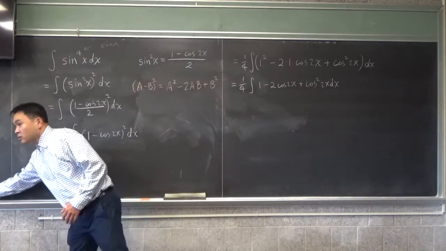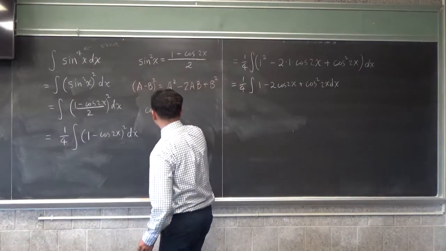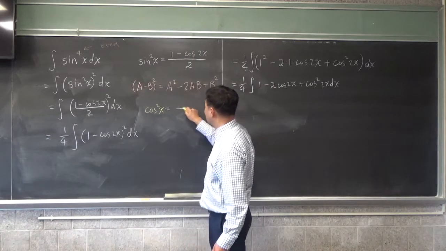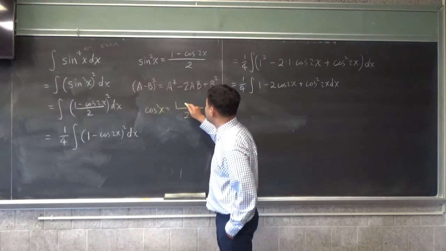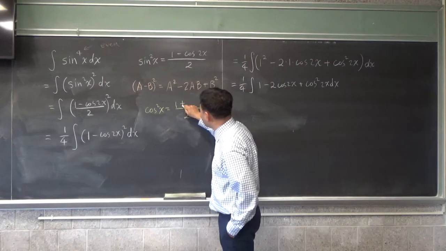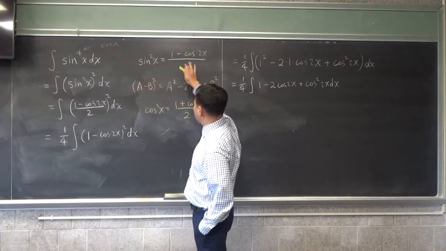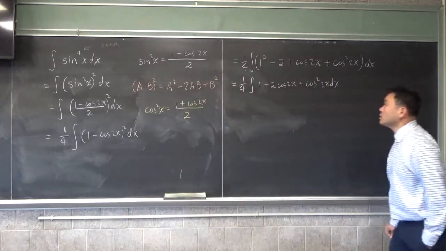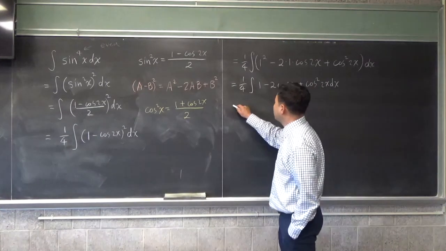And this time we have to use the other formula for the sine squared x. So it's not the sine squared, but the cosine squared of x. What's the formula that corresponds to this one? What goes on the top? 1 minus sine. No, it's plus, 1 plus cosine 2x. So one has a minus, the other has a plus. Okay, so we're going to use that.